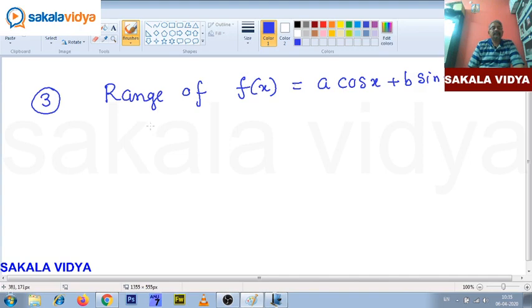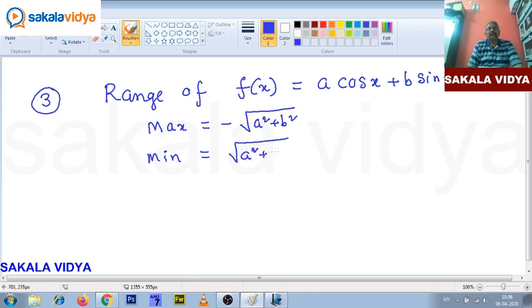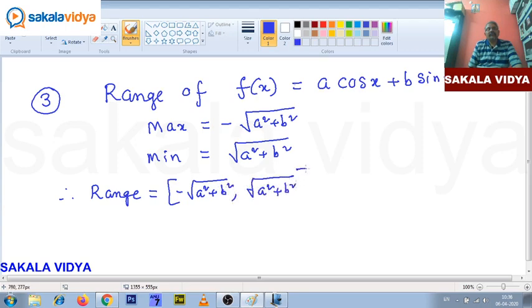Here the maximum value is equal to root of a square plus b square, and the minimum value is equal to minus root of a square plus b square. Now we can write it as a range. So the range of this function is equal to the closed interval from minus root of a square plus b square to root of a square plus b square. Okay. So, this is for this one.